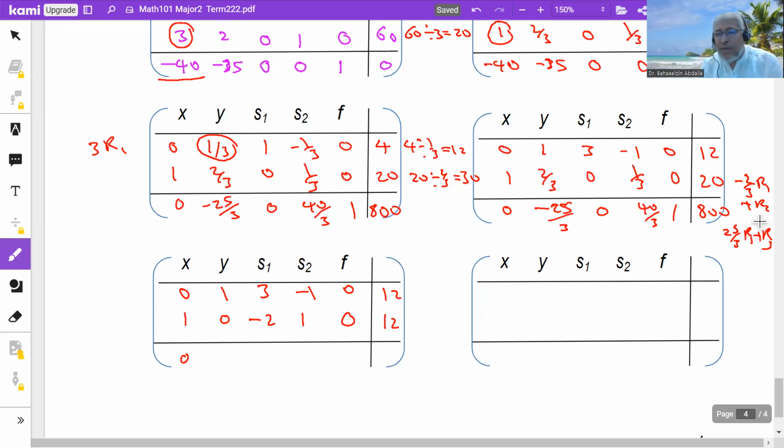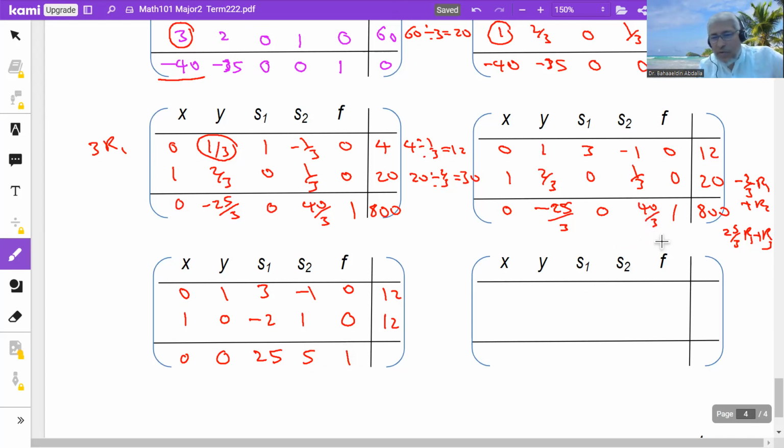And that's it, okay? This is the new row 2. Now row 3, 25 over 3 plus 25 over 3, that's 0. 25 over 3 times 3 would be 25 plus 0, that's 25. 25 over 3 times -1, that's -25 over 3, okay? -25 over 3 plus 40 over 3, I'll have 15 over 3, and that's 5.